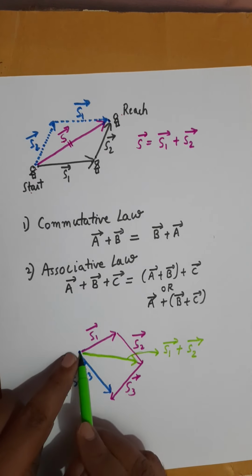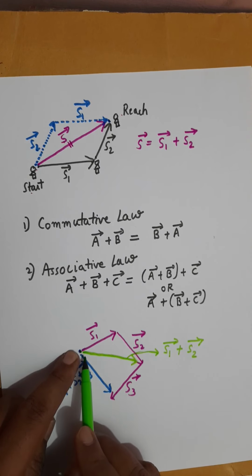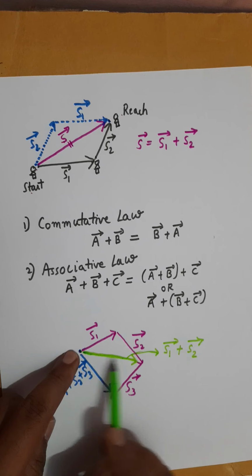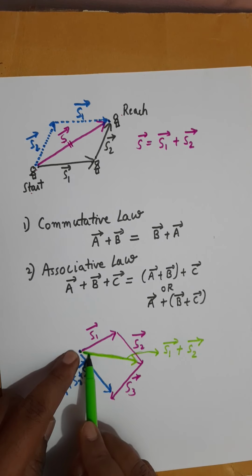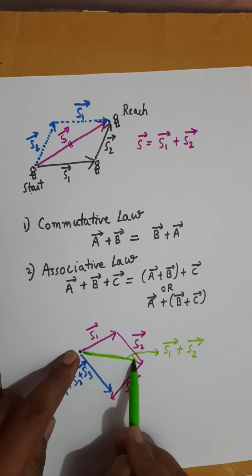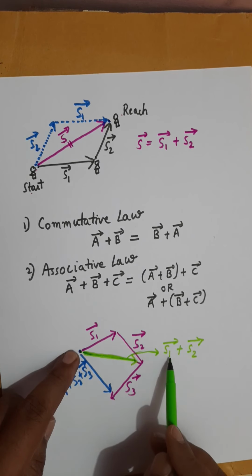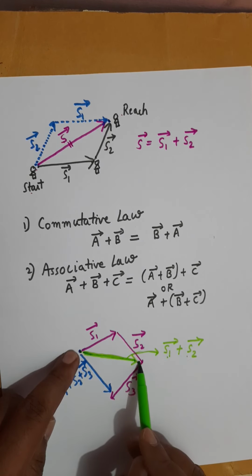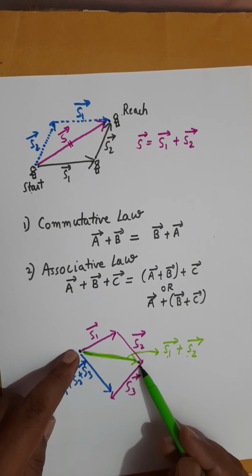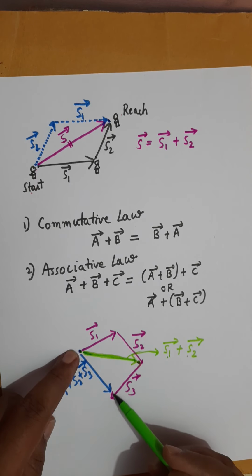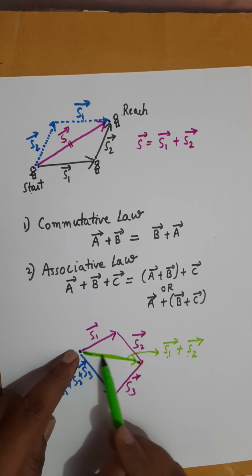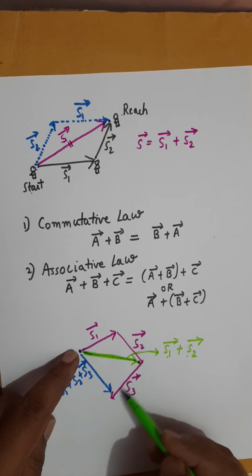So if you start from this point and directly walk on this vector, that is, you directly prefer to move on vector S1 plus S2 and you reach this point, and then you take a turn along S3. So you reach here. So this is S1 plus S2, and now this S3 is added.